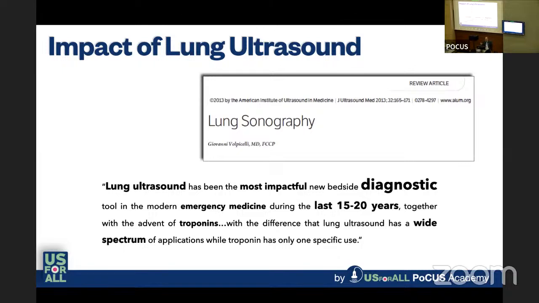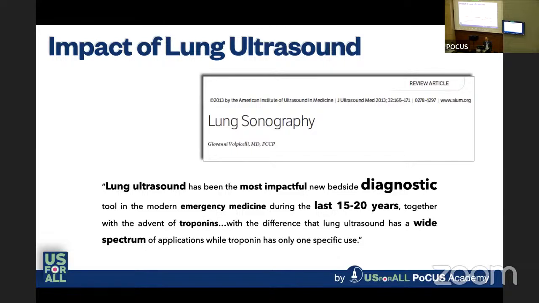That's great. I mean, the impact of this tool in the clinical practice is amazing. If I go back to my career in these last 15, 20 years, I am an emergency physician, so I work with emergencies.